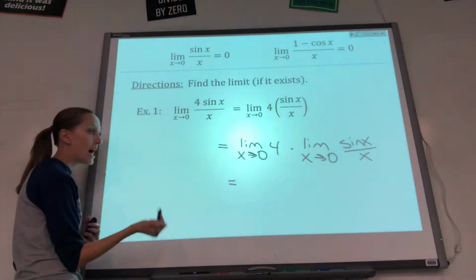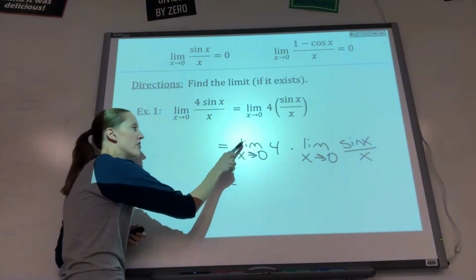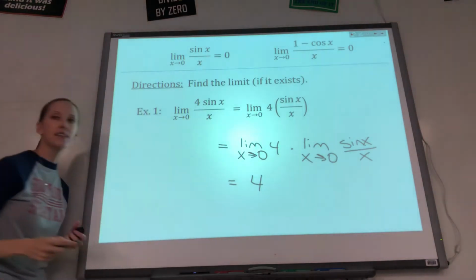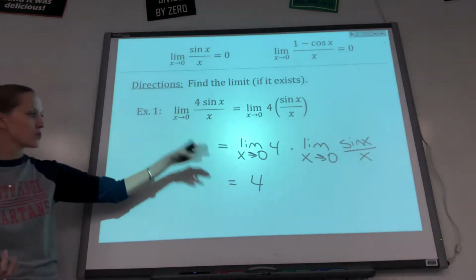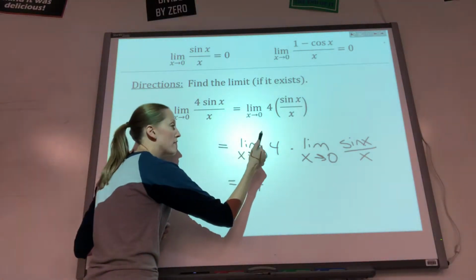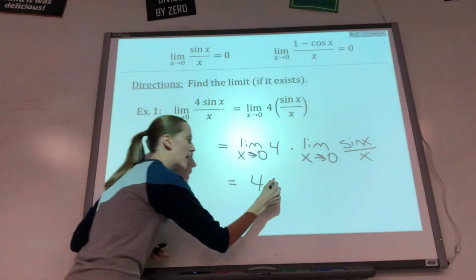Now, we also had a property that said the limit of a constant is that constant. So this is where I'm actually going to come up with my answer. The limit of 4 is just going to be 4.